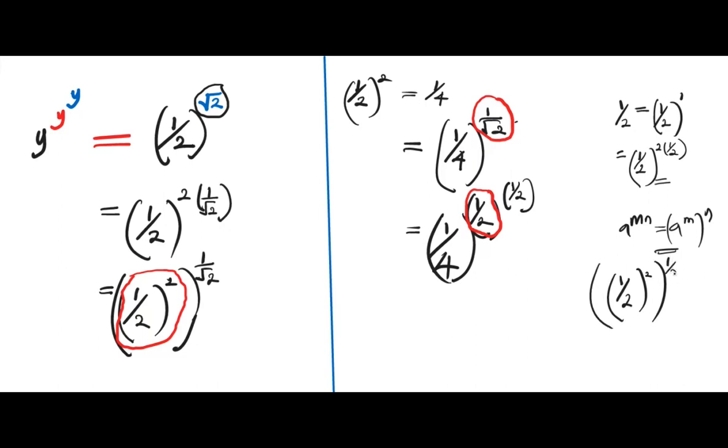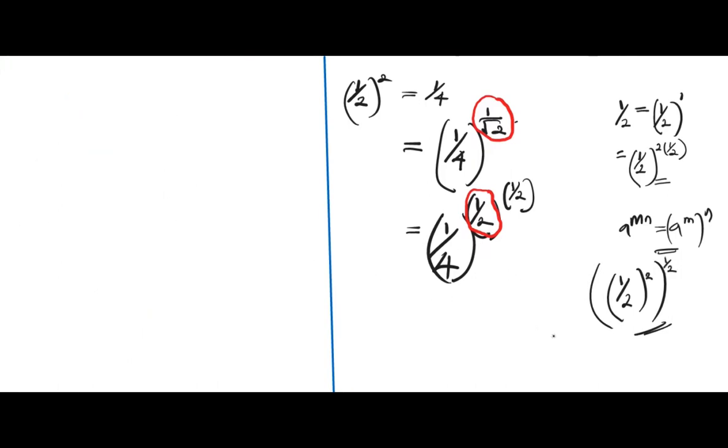Alright, so let's go ahead and replace this with this, right? So if we square this, it's gonna give us 1 over 4 raised to the power of 1 over 2.